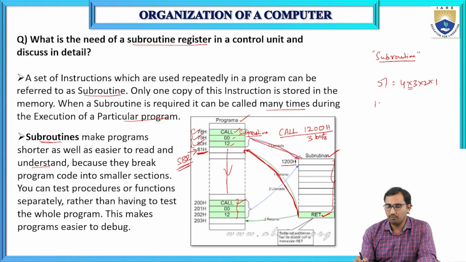Suppose you want to find 10 factorial, you need to find 10 into 9 into 8 into 7 and so on till 1. So the same set of operations we are performing. Instead of writing the multiplication program every time, we write it as a subprogram, and from the main program we call it whenever we require.